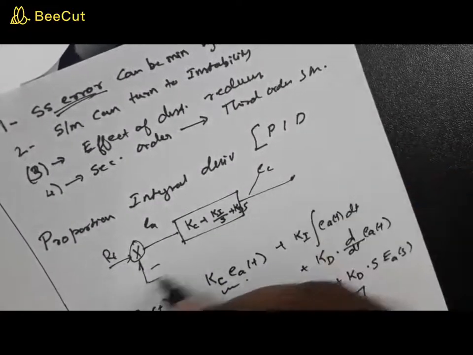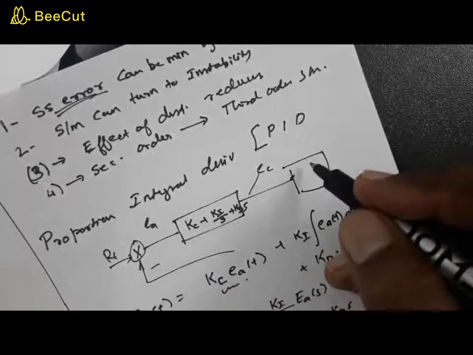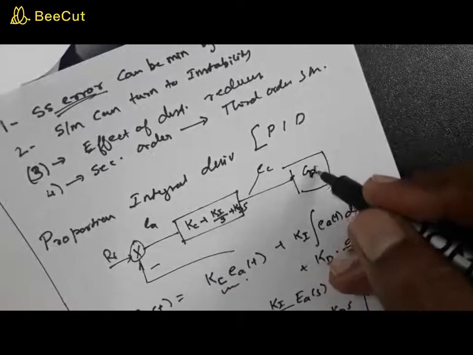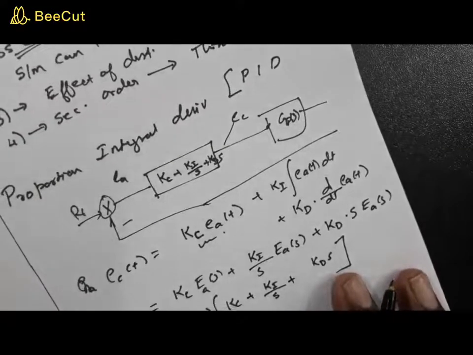Now, in order to complete this block diagram, you fix a plant, and the plant will have a transfer function. As we have seen in the previous example, it can be K by S into S plus A, or whatever it is.